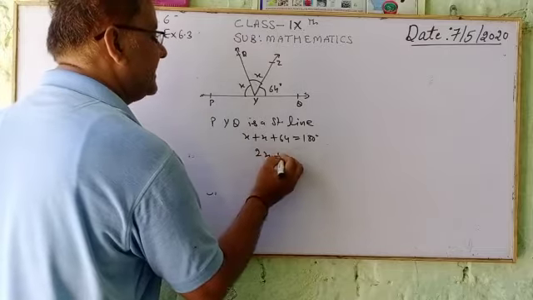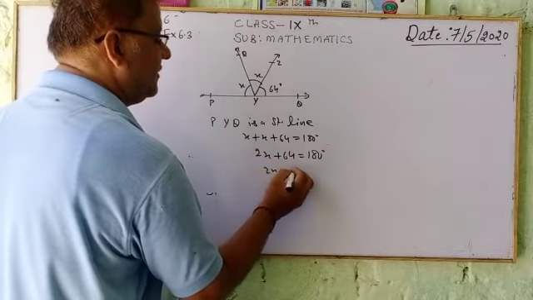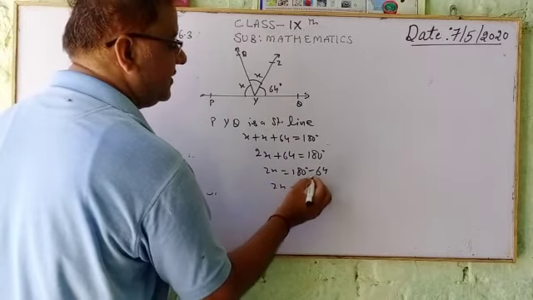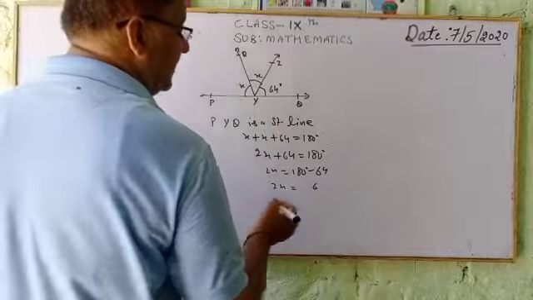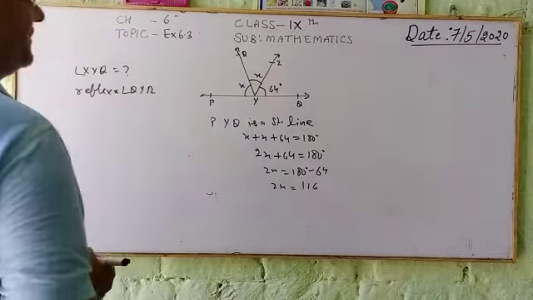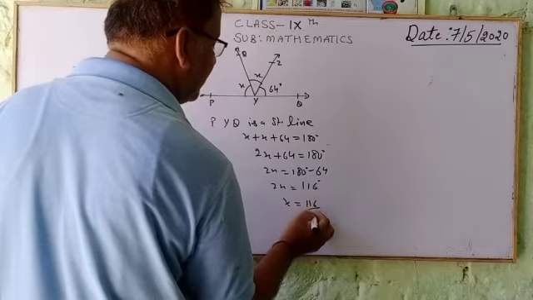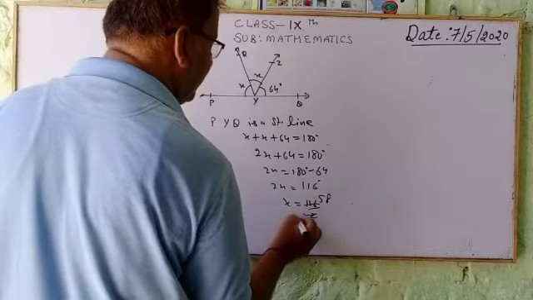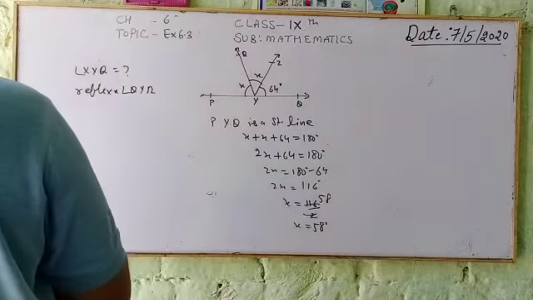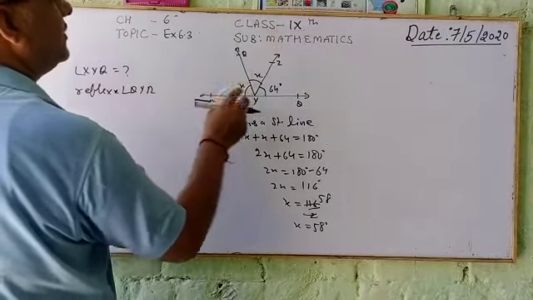So 2x plus 64 equal to 180 degree and 2x equal to 180 degree minus 64. 2x is equal to 116 degree and x equal to 116 upon 2, x equal to 58 degree. So students, we find the value of x, that is 58 degree, and find XYQ.